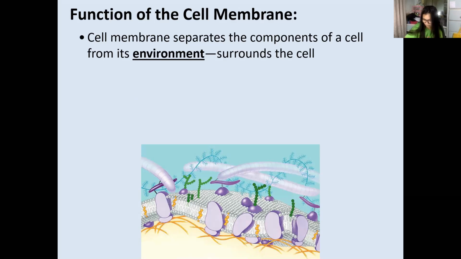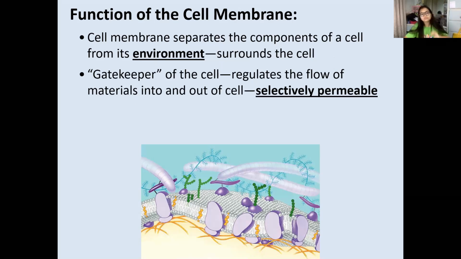Another function of the cell membrane is simply to gatekeep the cell, which means it will regulate the flow of materials in and out of the cell through the selectively permeable membrane of the cell.